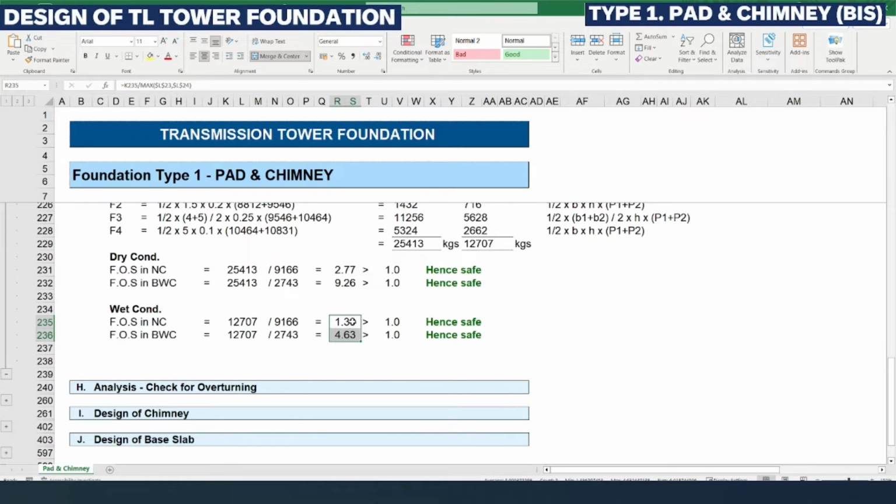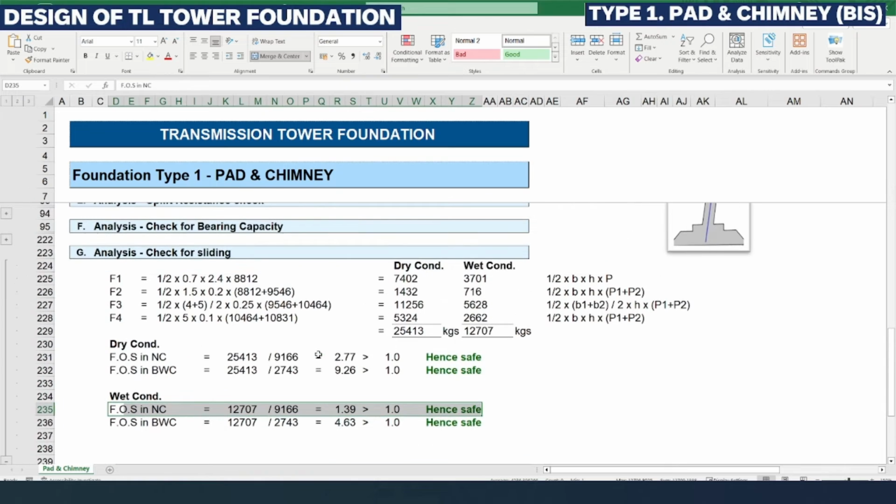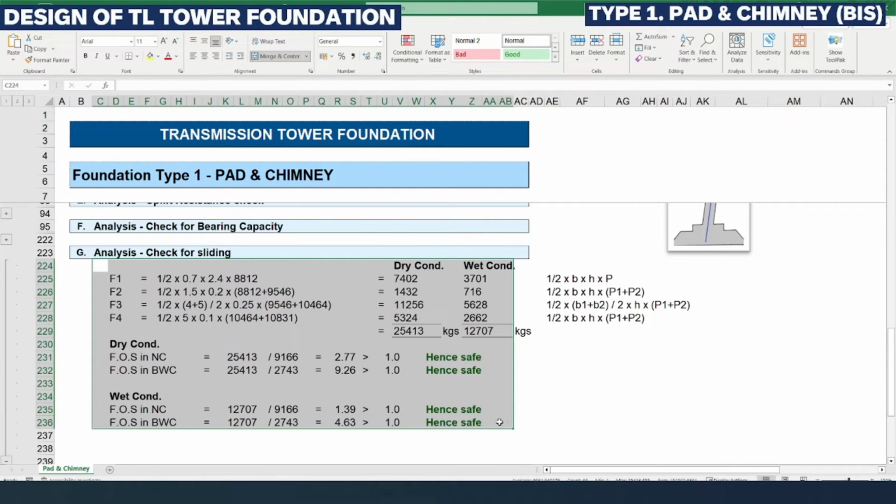So here the factor is 1.39, which is greater than 1, and 4.63 for broken wire condition, which is also greater than 1. Hence these two are also safe. Here we can see the most critical case is wet condition soil with the side thrust, which is nearer to or just above the required factor 1. So this is what the sliding check is about.